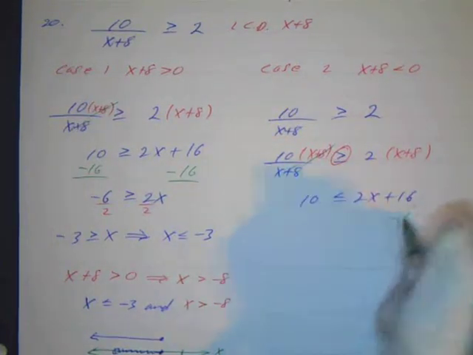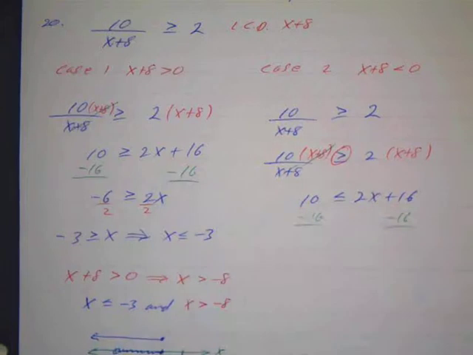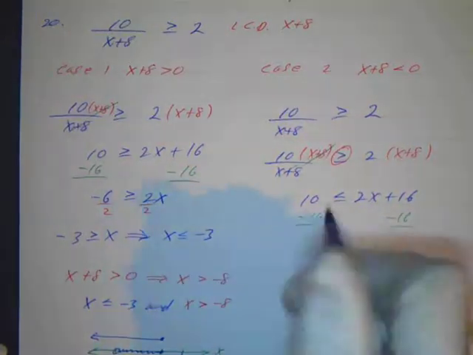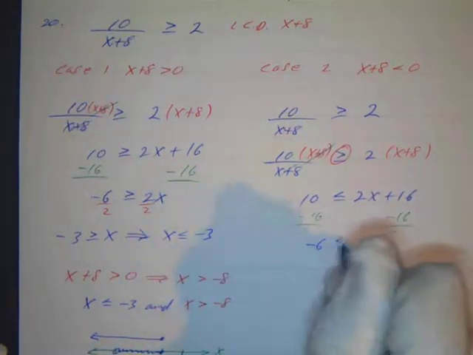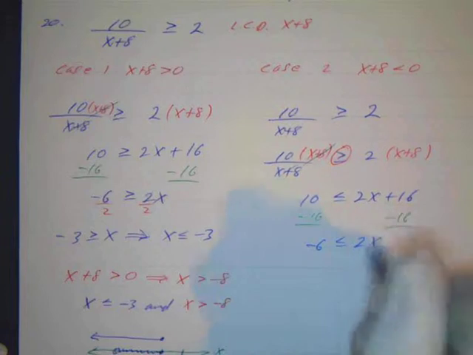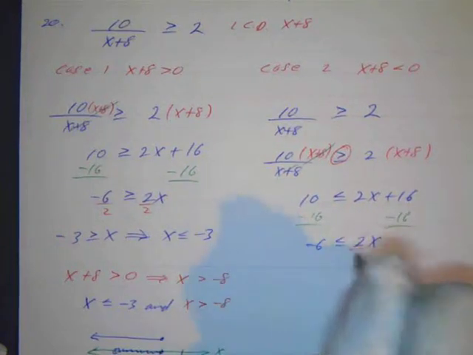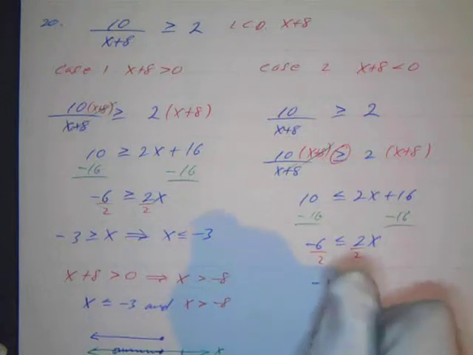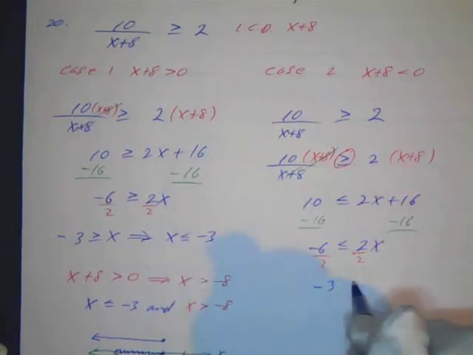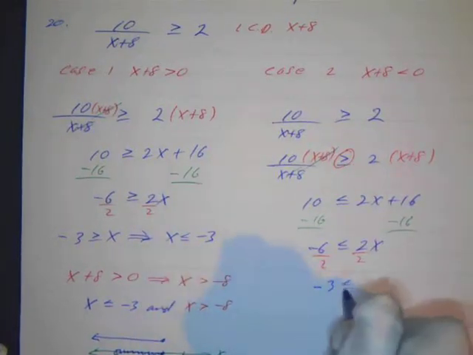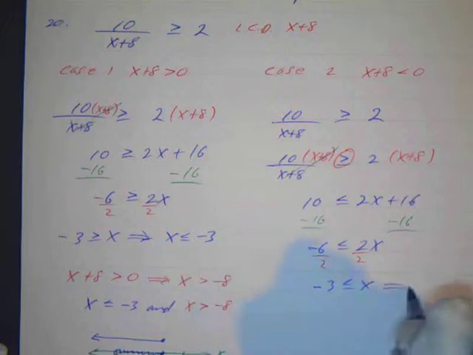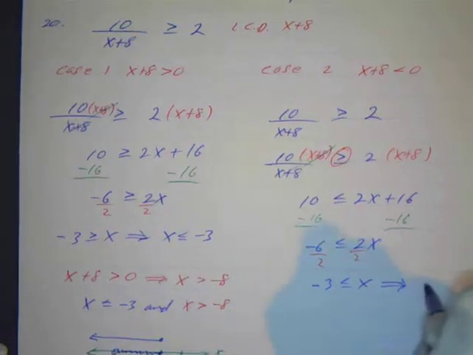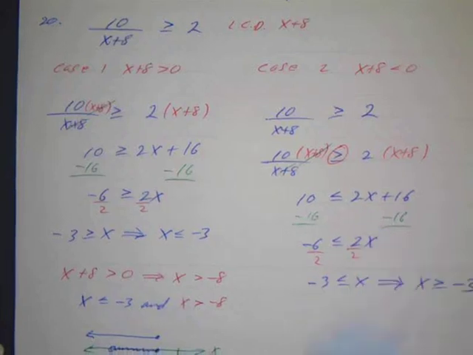Subtract 16 from both sides. And negative 6 is less than or equal to 2x. Divide by 2. And negative 3 is less than or equal to x, which implies that x is greater than or equal to negative 3.